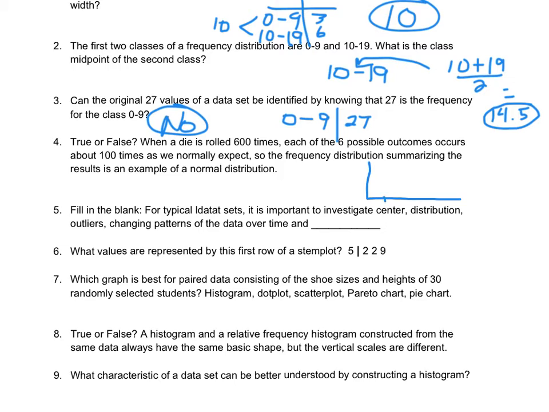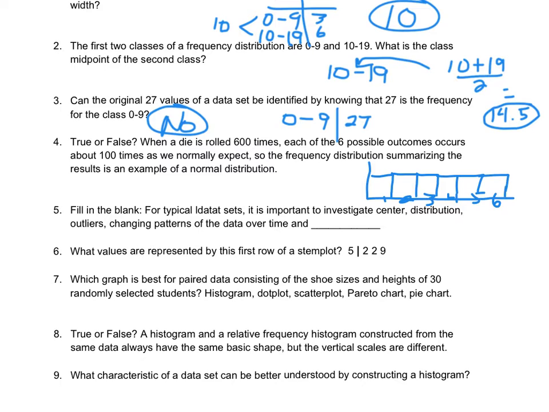So we have ones, twos, sorry, there's really not much space to write here. But imagine those are the 6 possible outcomes when you roll a die. If you do it 600 times, you're going to get about 100 ones, 100 twos, 100 threes, fours, fives, and sixes.